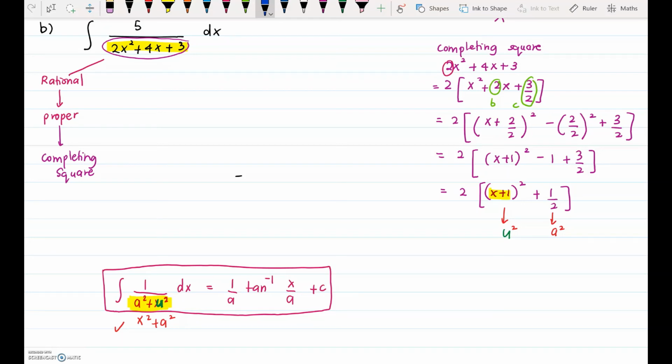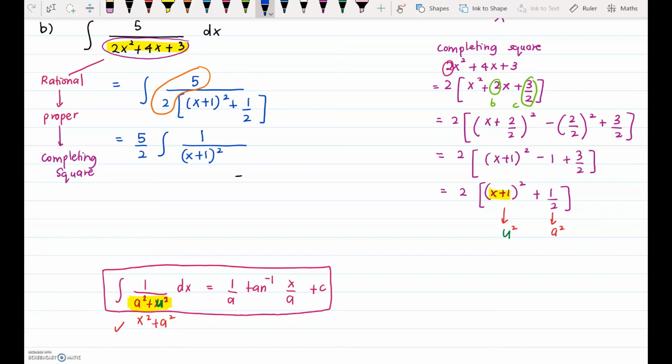Okay, let's settle with this one. Integration of 5 over 2x squared plus 4x plus 3 is now equal to the integration of 5 over 2 times x plus 1 squared plus 1 over 2. For this one you have a coefficient, so you can write it outside: 5 over 2 integration of 1 over x plus 1 squared plus 1 over 2.